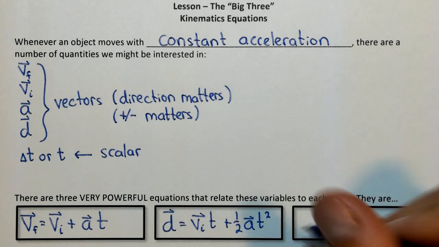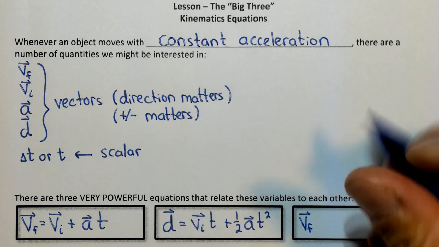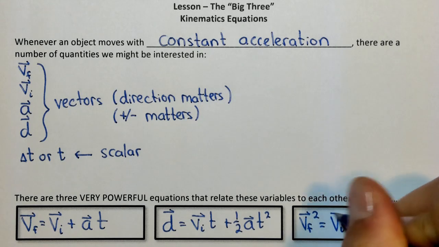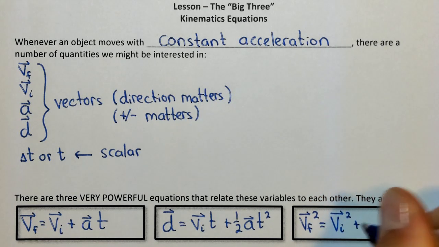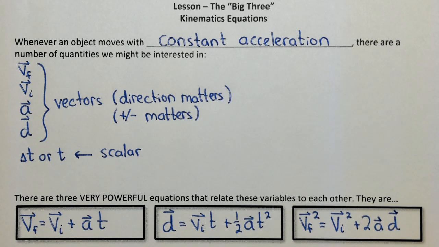And then our last formula, the last one of the big 3, is VF squared equals VI squared plus 2AD. So this formula tells us about the final speed of an object.